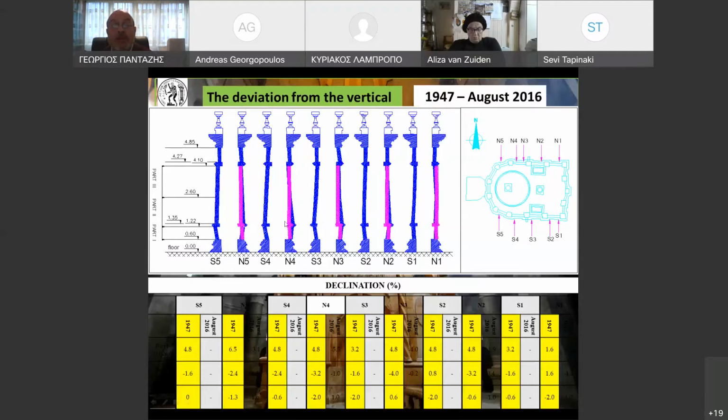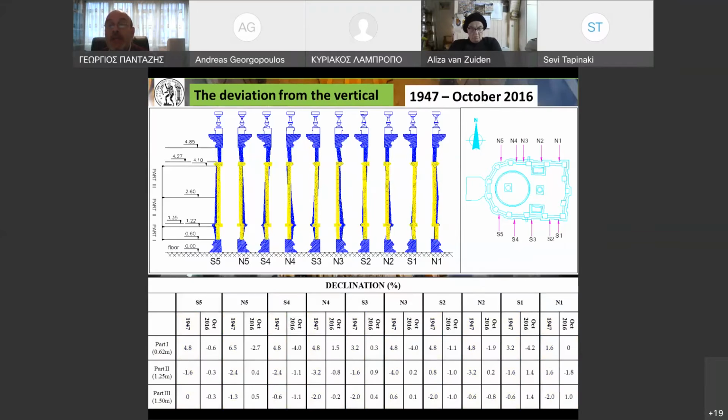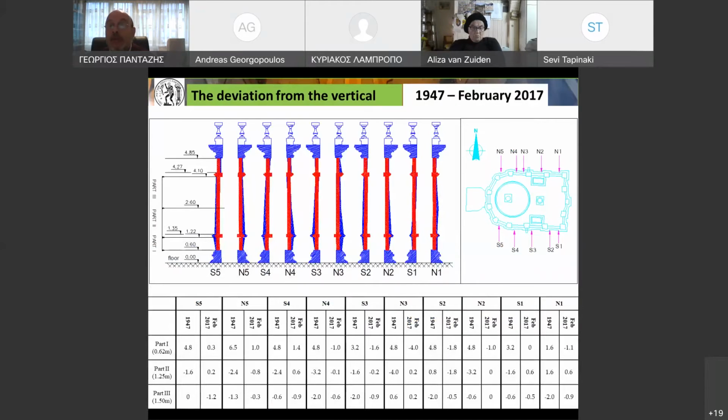In this diagram, we can see the differences between 1974 and August, when the position of these columns changed by using mechanical methods, and finally this is the red color, which shows the final position of the column at the north and south facade.